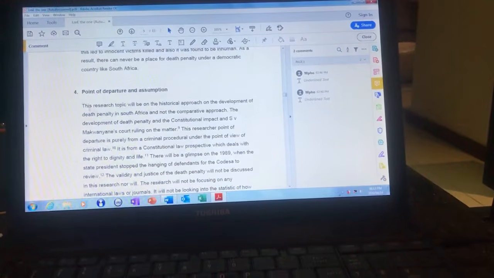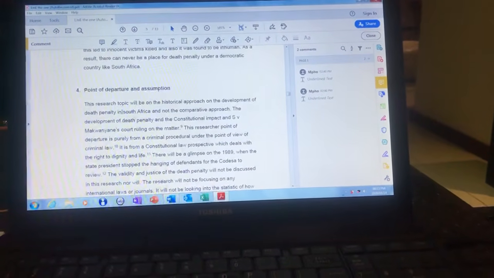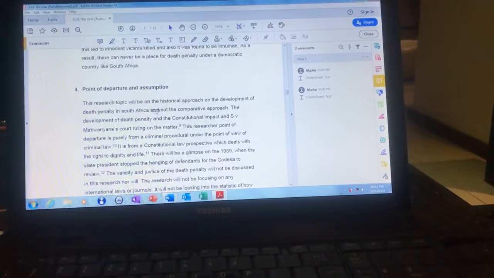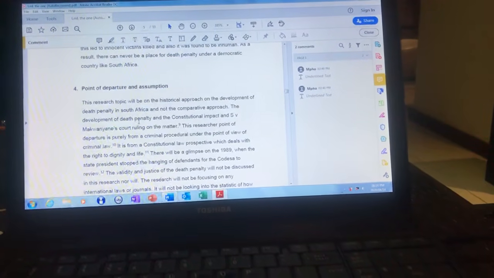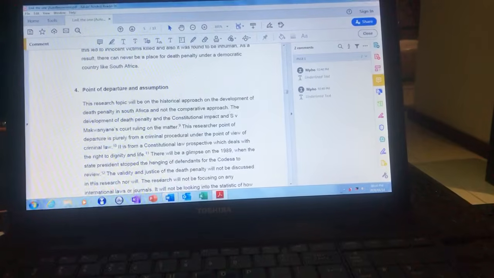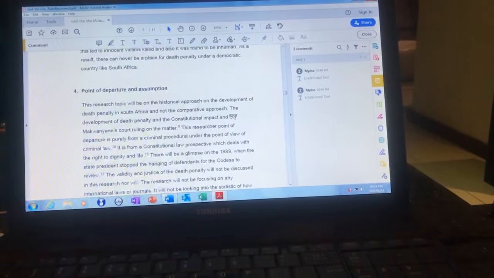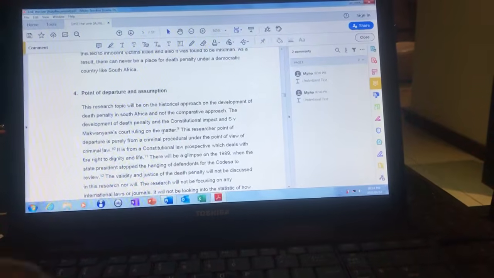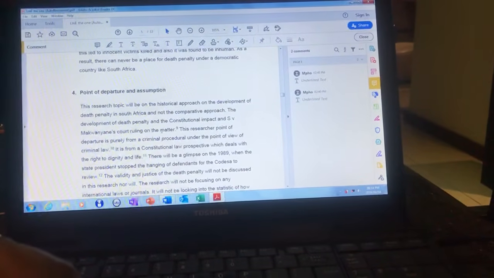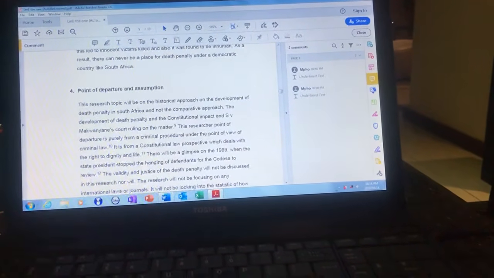As you can see here, I say this research topic will be on the historical approach on the development of the death penalty in South Africa, and not the comparative approach. The development of the death penalty and the constitutional impact, and the case of S versus Makwanyane.